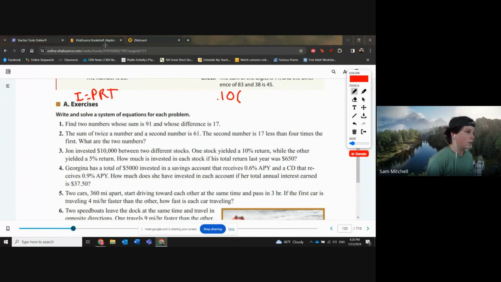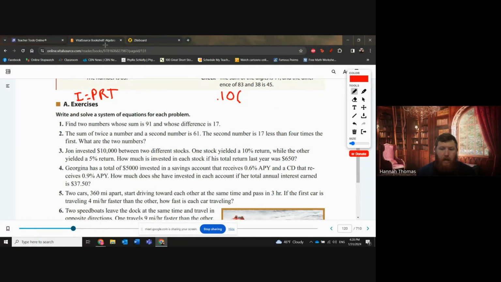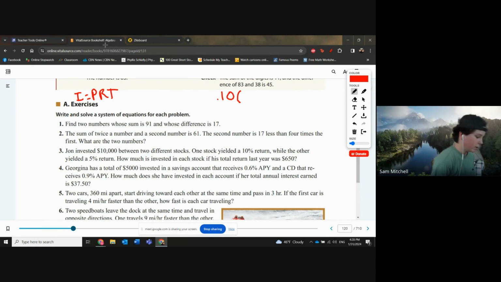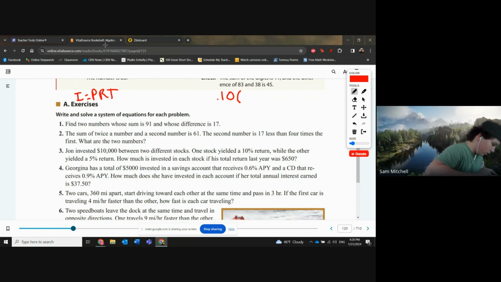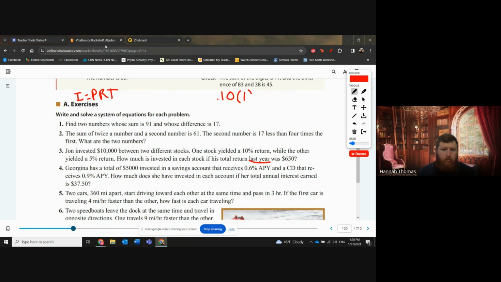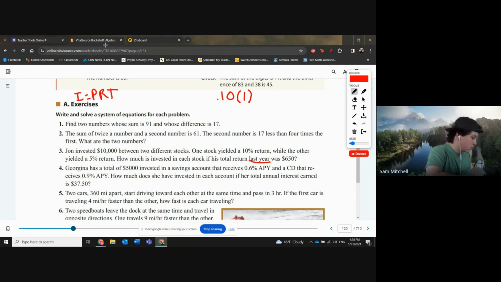But you do know how much he got altogether, right? Yes. He got 650 interest. So we do know that. And how long was it in the bank? Let's see, 1 year. Right, so time is 1. And you don't know your principal. No, not yet.